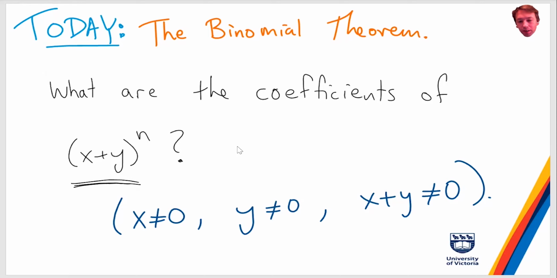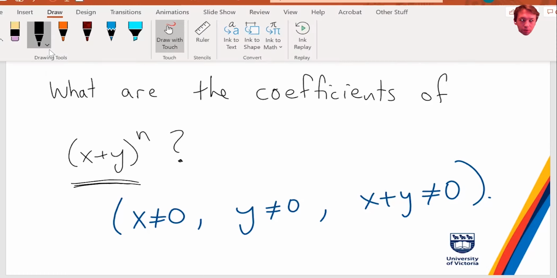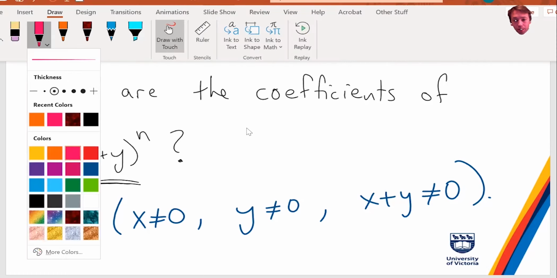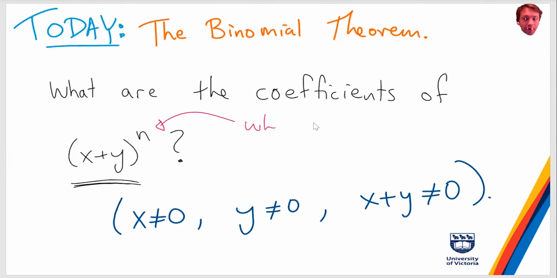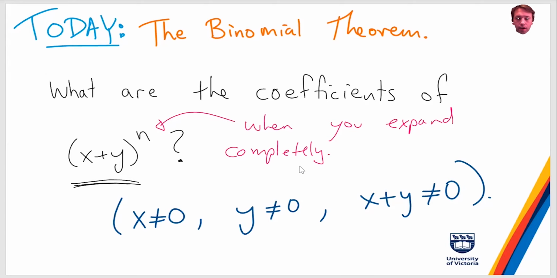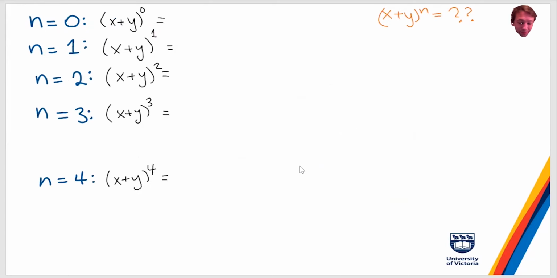And what we want to address here is what are the coefficients of this when you expand it out. To make this a bit more clear, what I mean is, when you expand completely. And this will have interesting consequences for counting, basically.